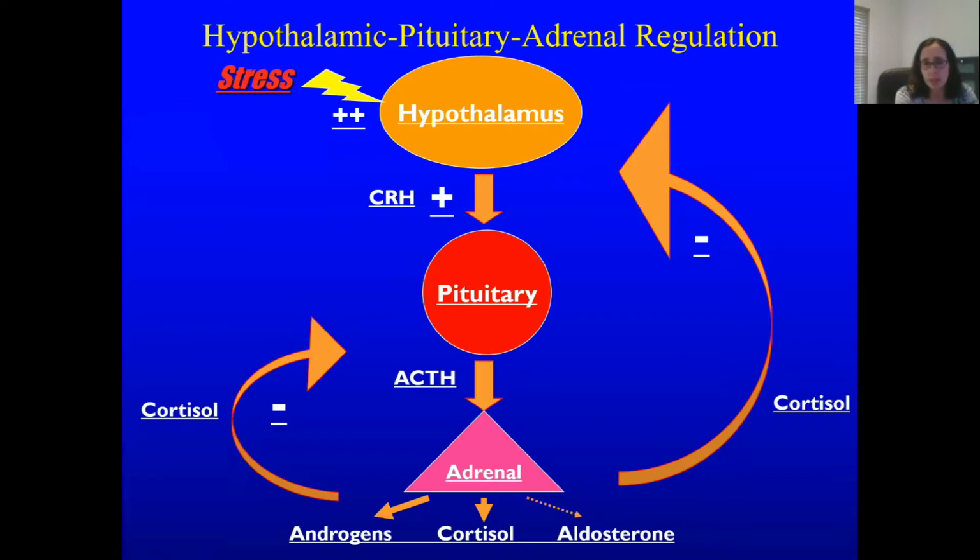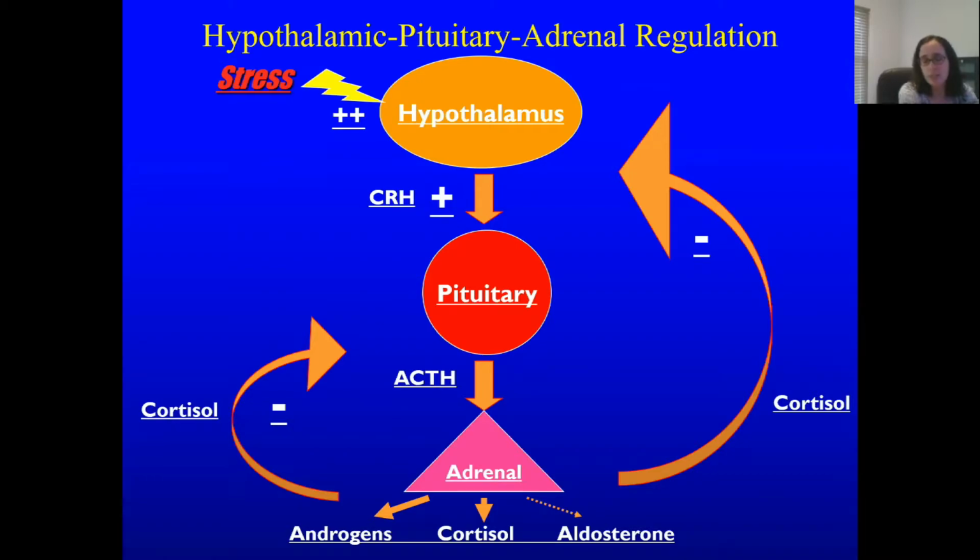So usually in our pathway, if you have cortisol production, that will feed back on the pituitary, and the pituitary will say, hey, okay, got enough cortisol production, I'm going to mitigate my ACTH production, and so I don't need as much cortisol. Whereas in Cushing's, for example, if you have a pituitary tumor that's secreting ACTH and that's the cause, you can have tons of cortisol, and it's going to feed back on the pituitary, and the pituitary should then stop producing ACTH, kind of shut it down.